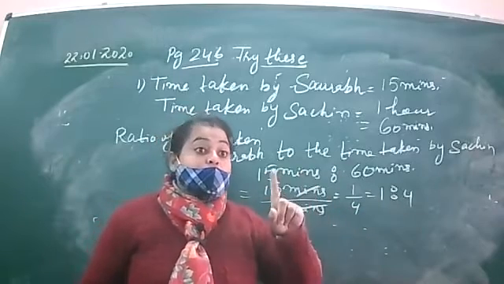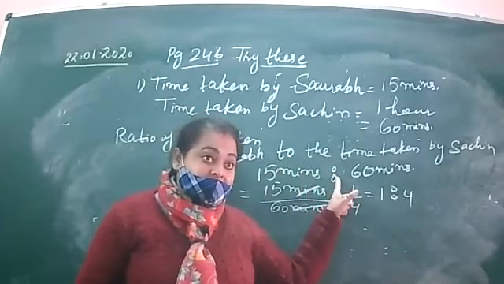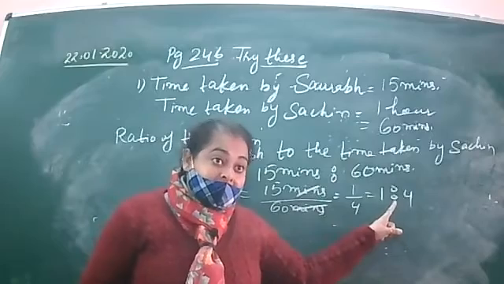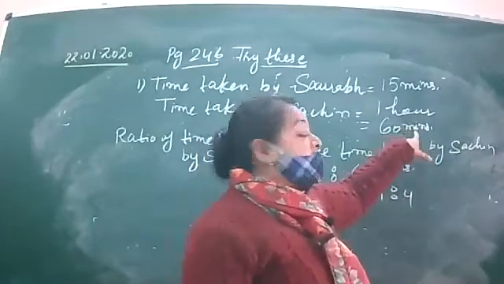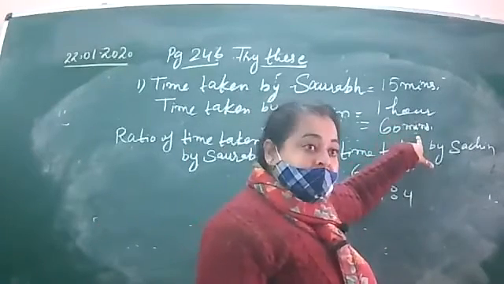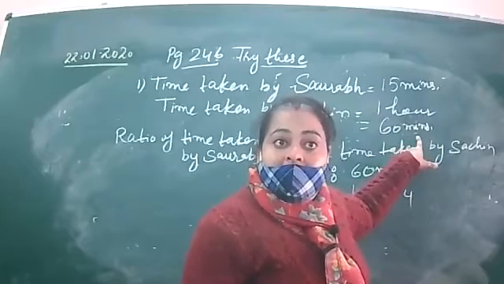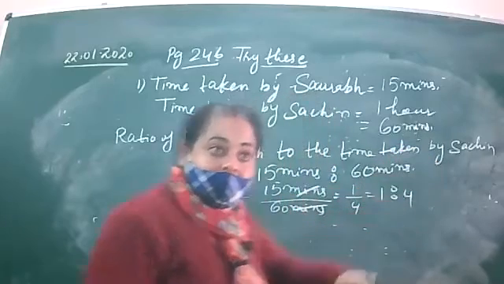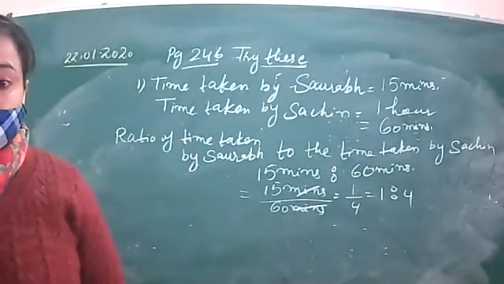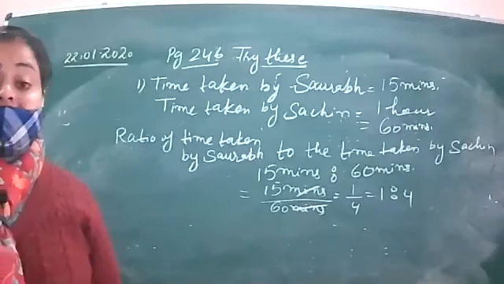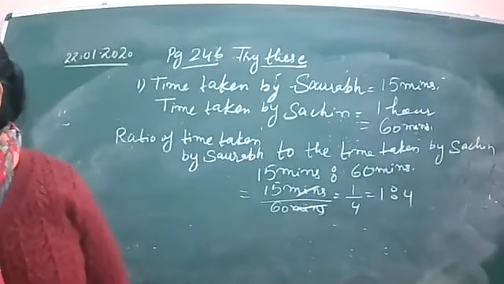Very much compulsory to write the ratio symbol in the starting and the ratio symbol in the end. And you have to convert this hour to minutes. In 1 hour we have 60 minutes. Fine. Students, write down. Then we will start the second question.